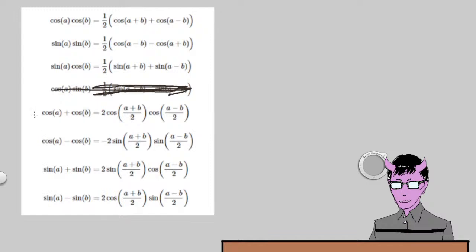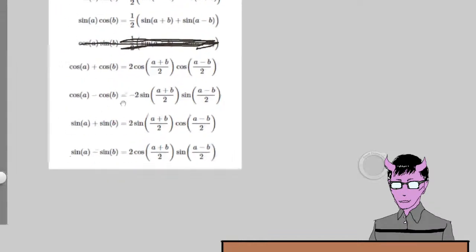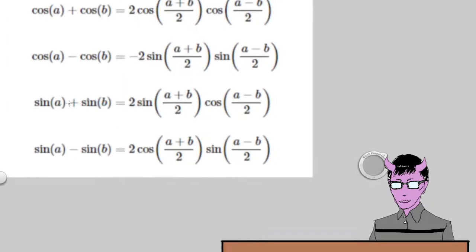And then these two, we can condense them so that it's less to look at. Unfortunately, there are separate rules, but basically these two can be combined into one if you wish, so it looks like less to memorize.